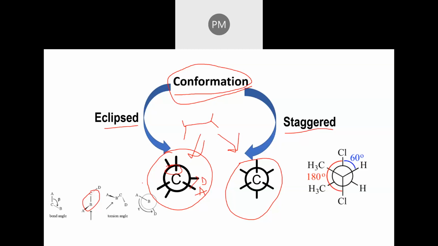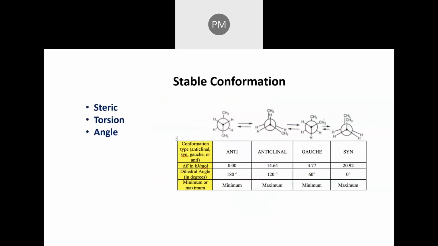After drawing the Newman projection, we have to tell which conformation is stable, the eclipsed or the staggered conformation. We also have to draw the energy profile diagram.